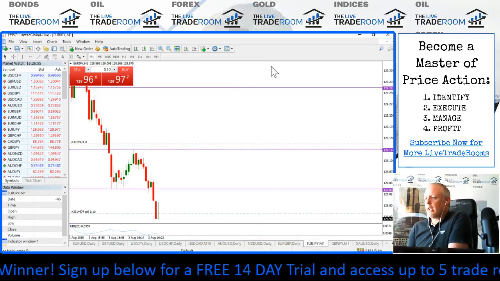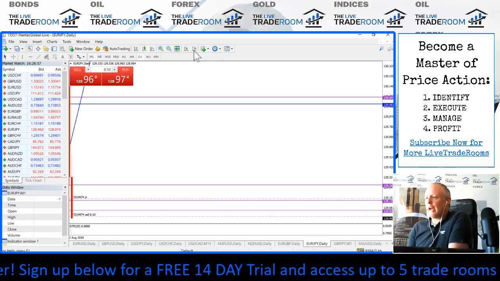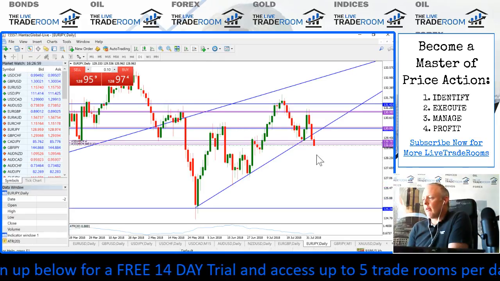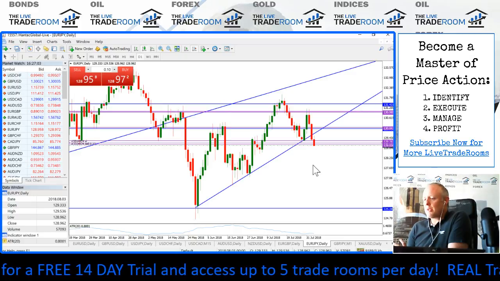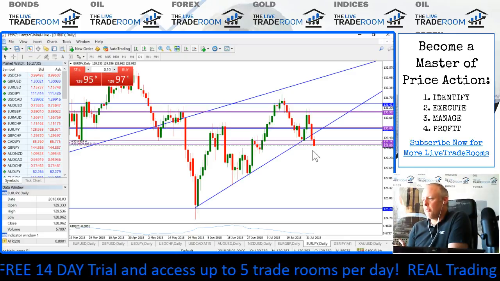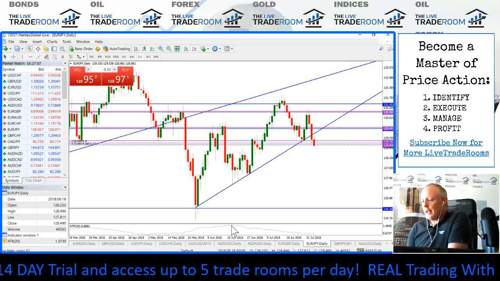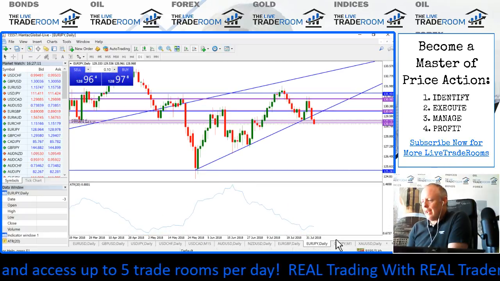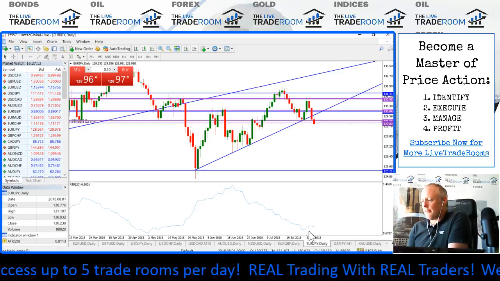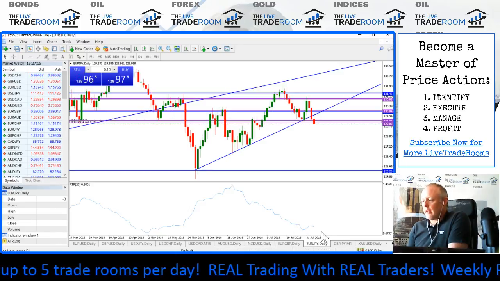So what we can do is look at the daily time frame, and don't forget we do like to take reference off the daily time frame. We just ask ourselves, does this market have the potential to move lower? And this is where the ATR can come in. You can see that we are at significant lows.